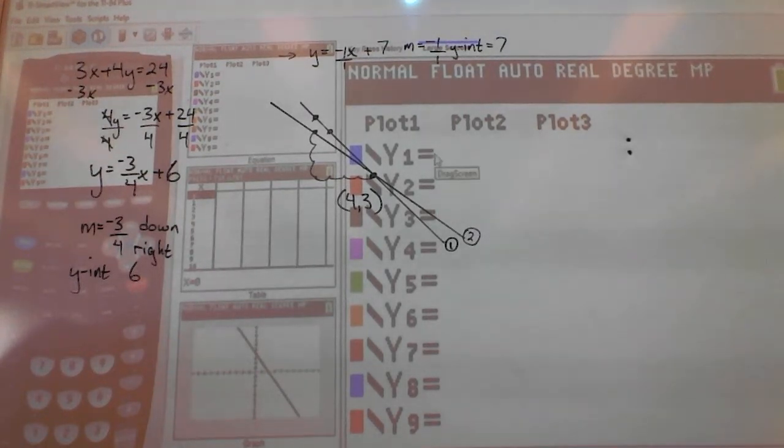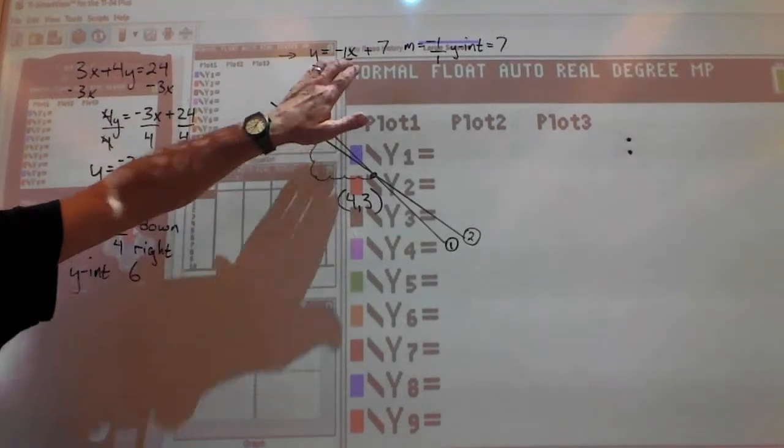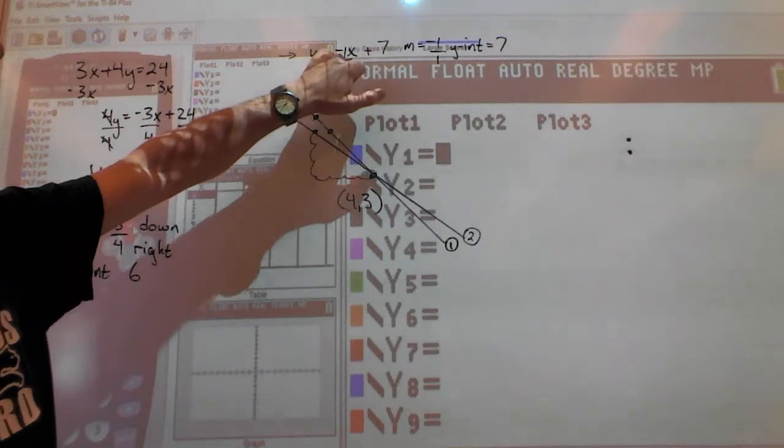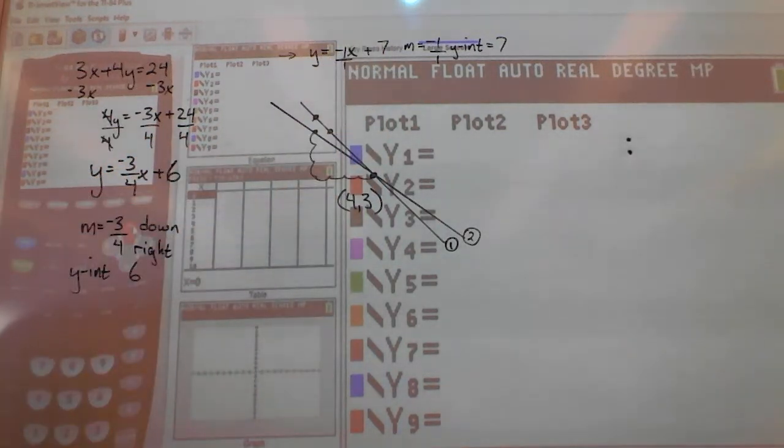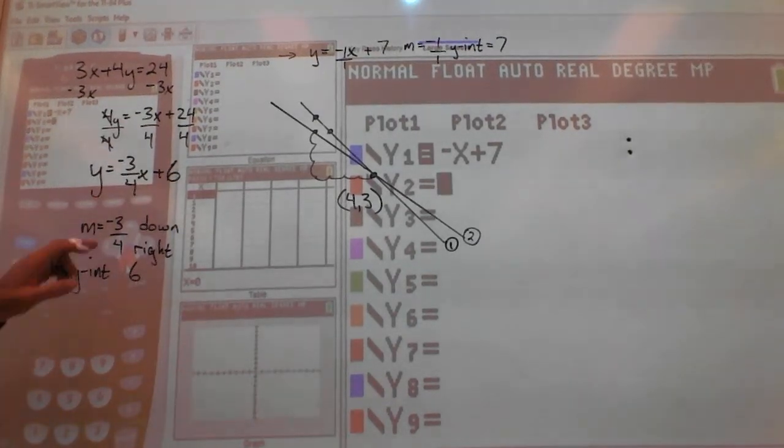Let's go back up and enter our equation 1, which remember is y equals negative 1x, or just negative x plus 7. So we'll enter that, remembering to use the negative key in the lower right-hand corner of your calculator. Negative, variable key x plus 7. Okay? Our next equation was negative 3/4 x plus 6.